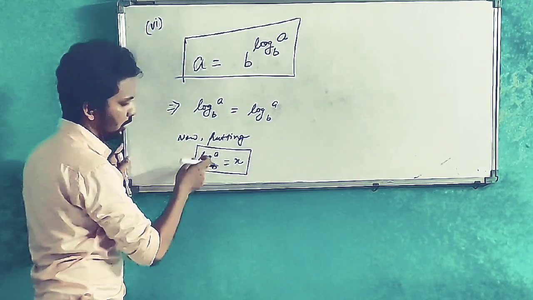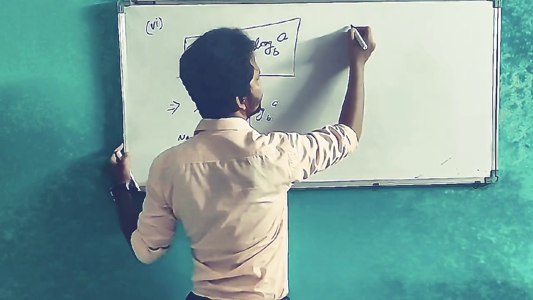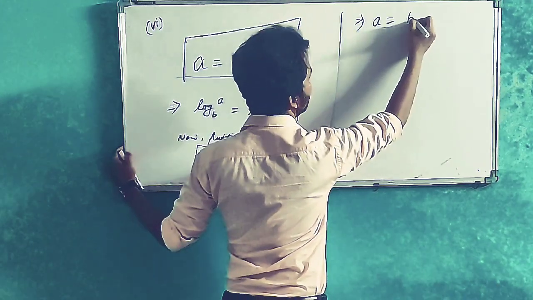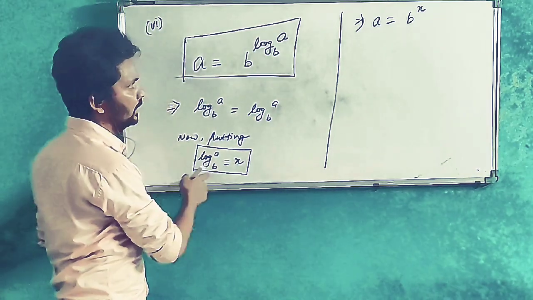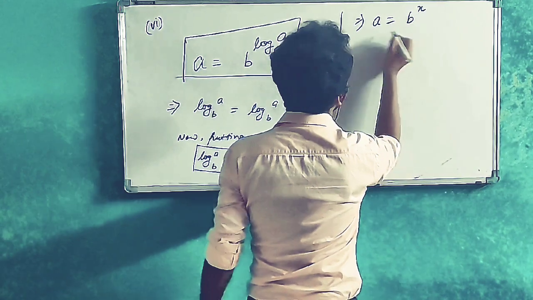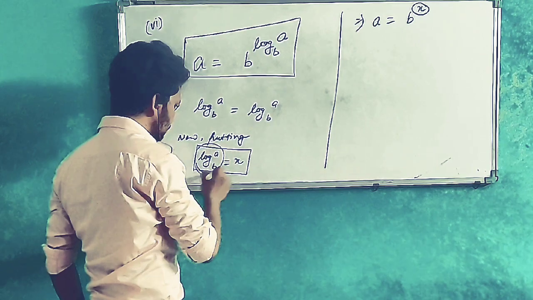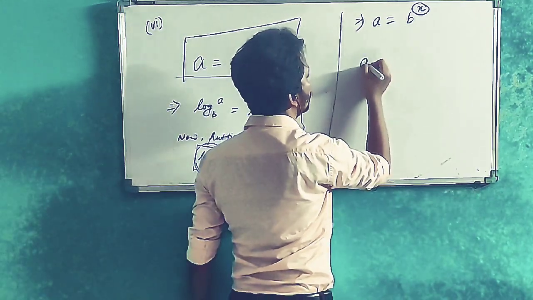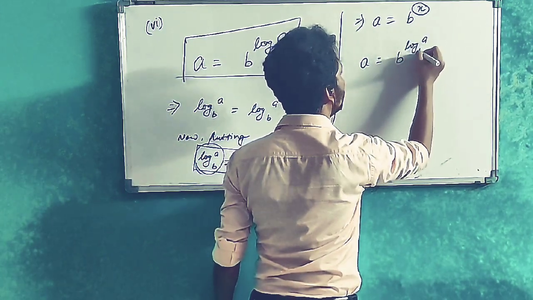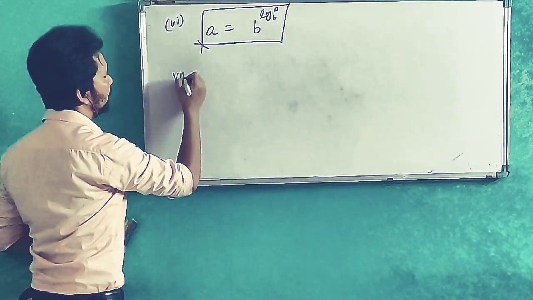Now I put log a base b as x, so I can write like this: a is equal to b raised to x. Now what is x? This is my x, so I am going to put log a base b there. This is my sixth property.